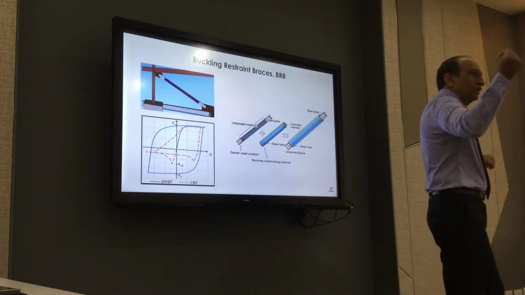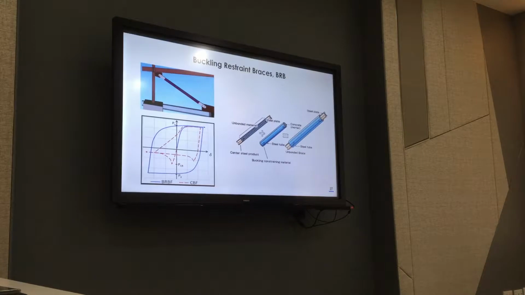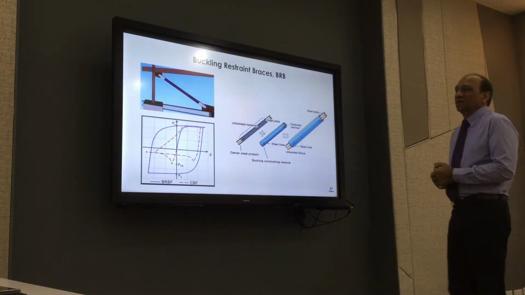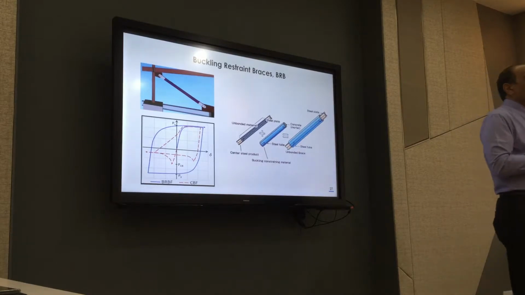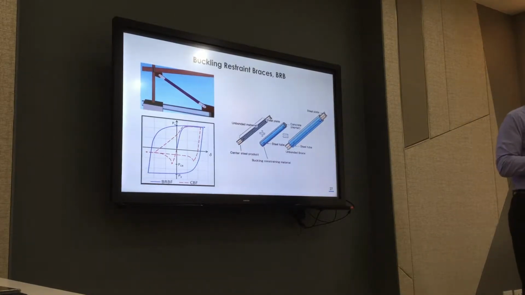So the brace only works in one direction, in tension. When you have compression, it will buckle, and once it buckles two or three times, it will break, so it will not be effective in tension also. So traditional braces are not good in tall buildings because they buckle or attract a lot of force, and they have no ductility.